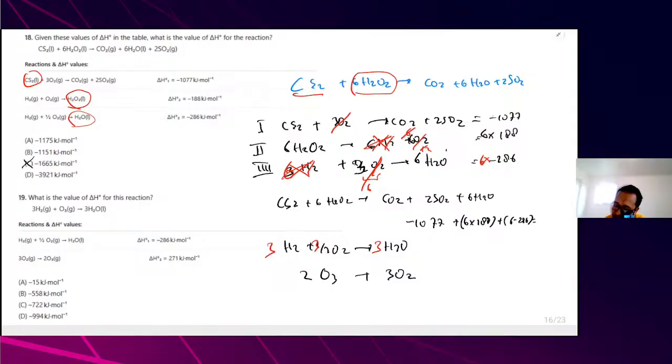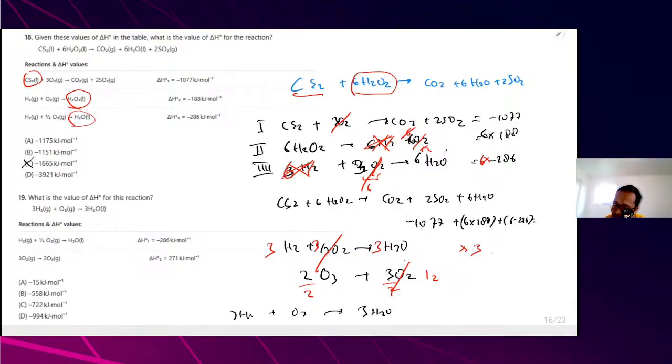And then this one should be divided by 2, so this one is times 3. So this is like this one, and this one. Okay, so that's great. So just cancel out. Oh no, we need to cancel out this one. Okay, so done. So we have 3H2 plus O3 becoming 3H2O.